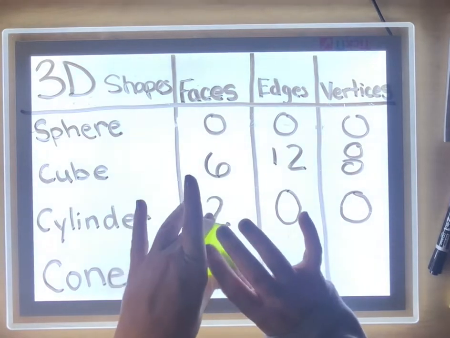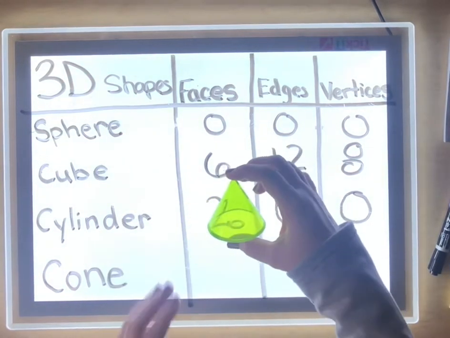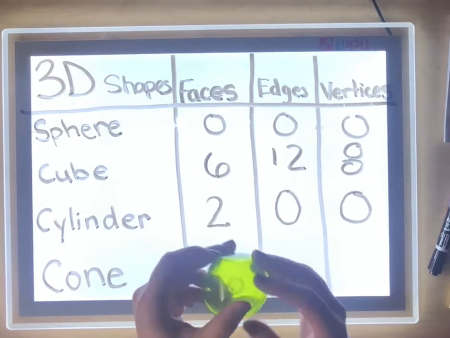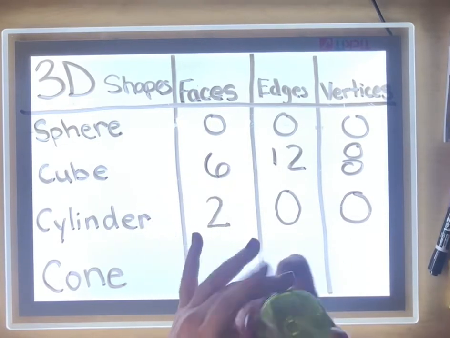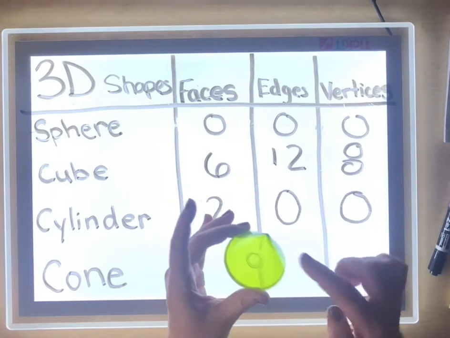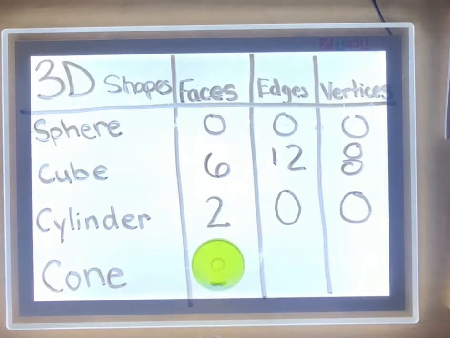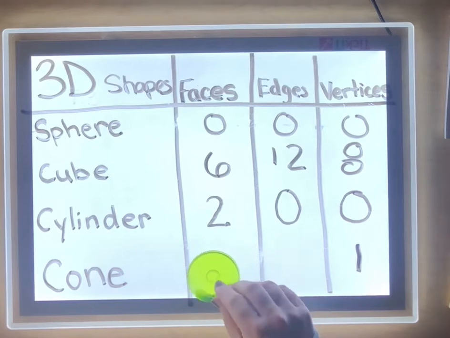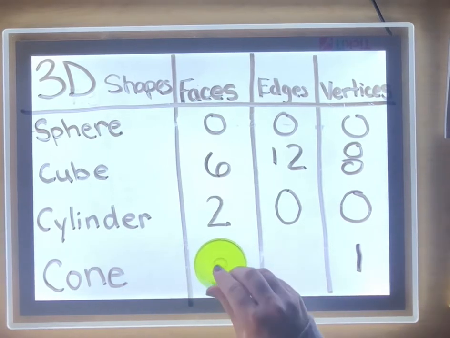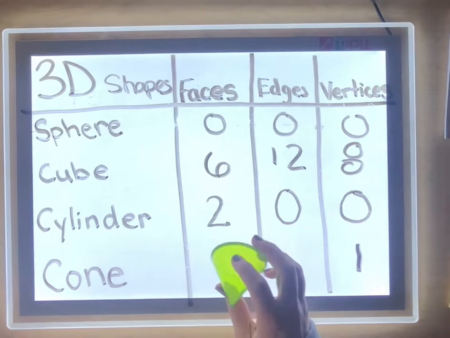Let's look at the next shape. This is a cone. Can you say cone? Look closely here. It's got a point here. That's a vertice. How many of those does it have? Just one. Go ahead and write that down. I see that right away. Wow, my shape is sitting on there. It can just lie flat. So it means it must have a face, right?